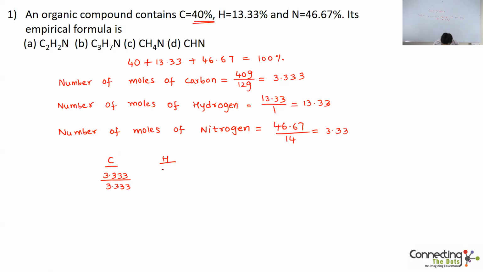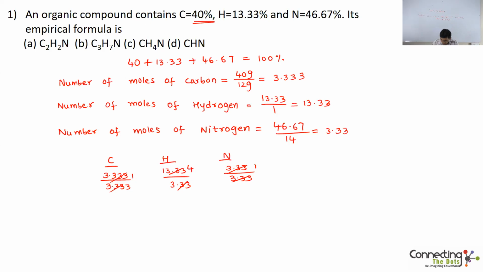For hydrogen, it will be 13.33 divided by 3.33. And for nitrogen, it will be 3.33 by 3.33. So this goes off, it's approximately 1. This also goes off, so it's approximately 1. And 13.33 divided by 3.33 comes to approximately 4.